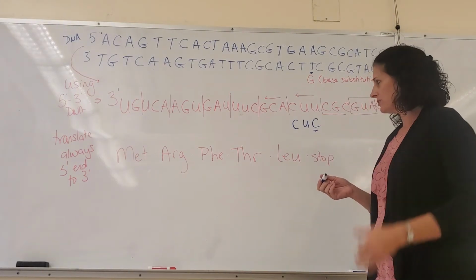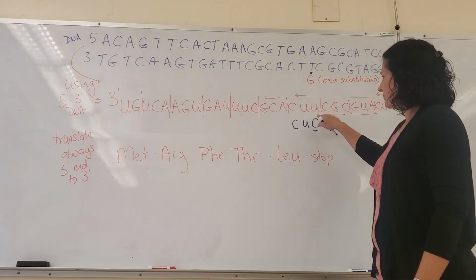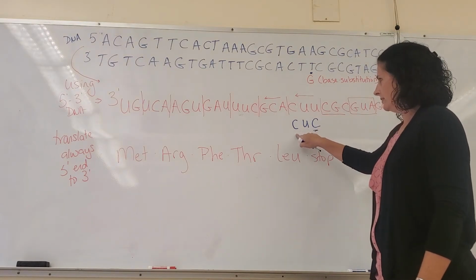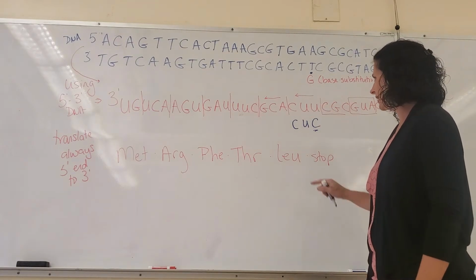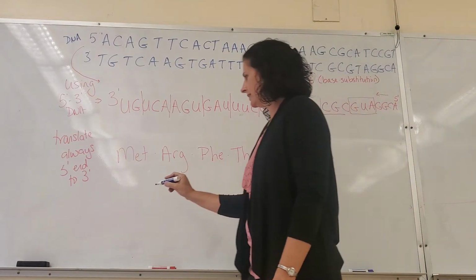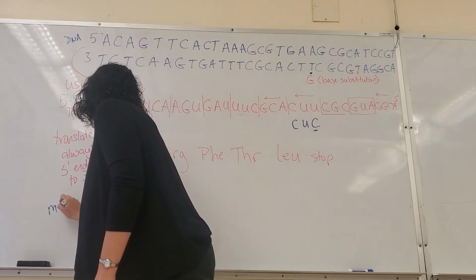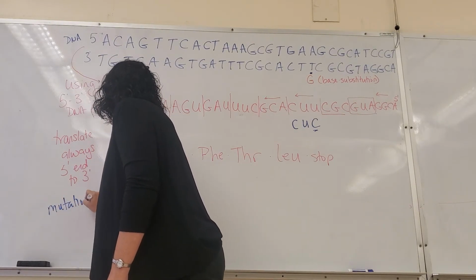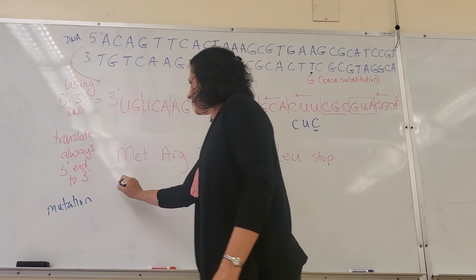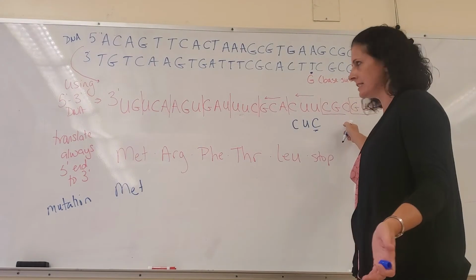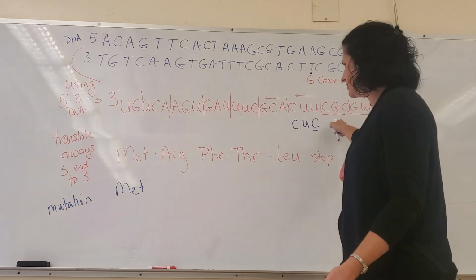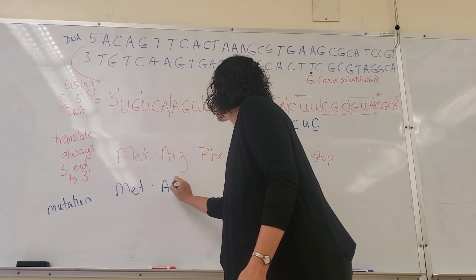But now if you use that genetic code, and if you look up CUC instead of UUC, because we've changed that nucleotide, now if we look at this mutated, what's going to happen? Every amino acid is going to be the same. So methionine is still the same. This codon here is still the same, so that's still arginine.